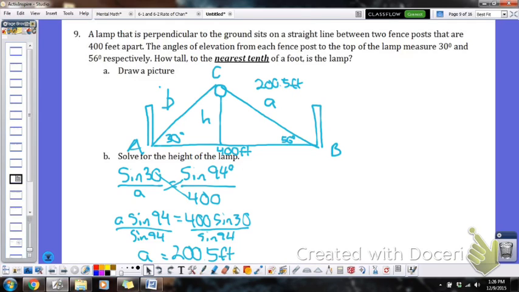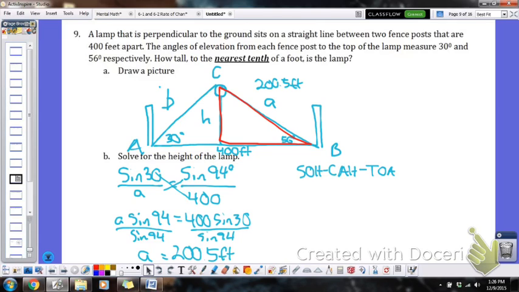Now with this, I have enough information to find the height. I can use SOHCAHTOA from way back when to find the height of my triangle. And I'm going to focus on this triangle right here. So this is the triangle we're focusing on.